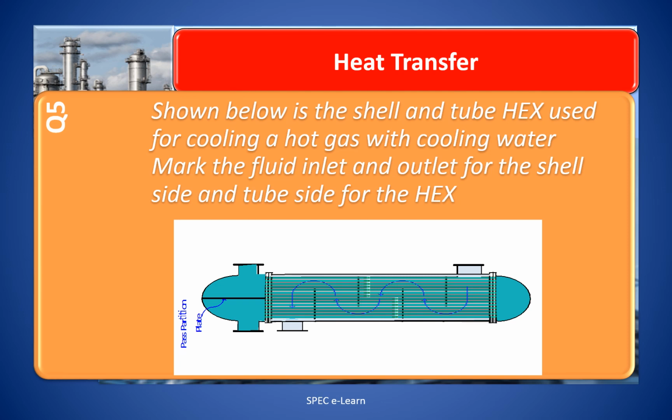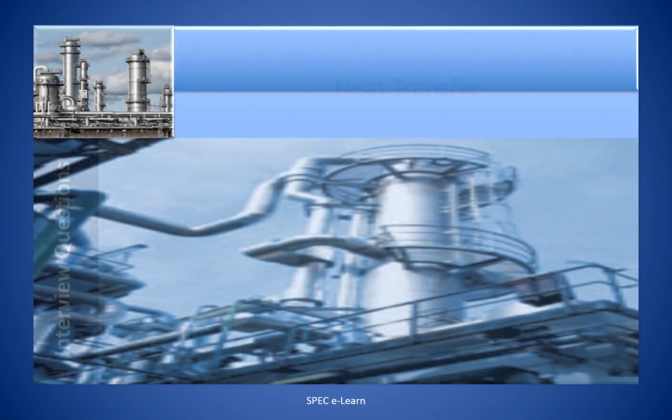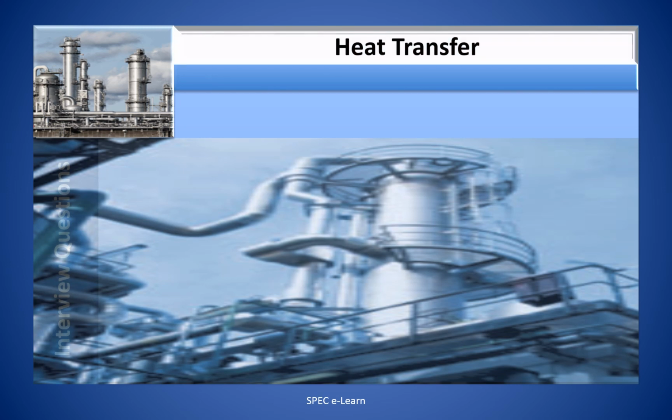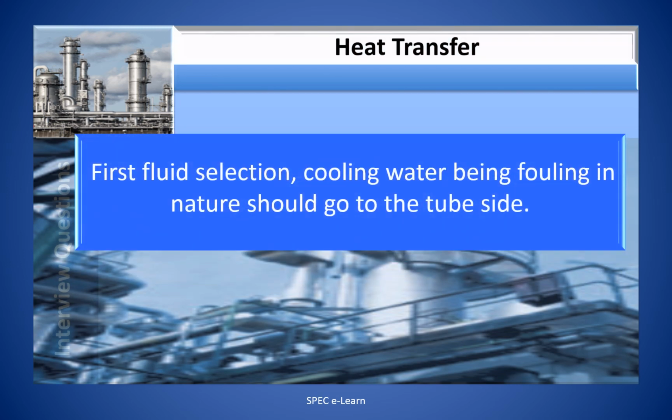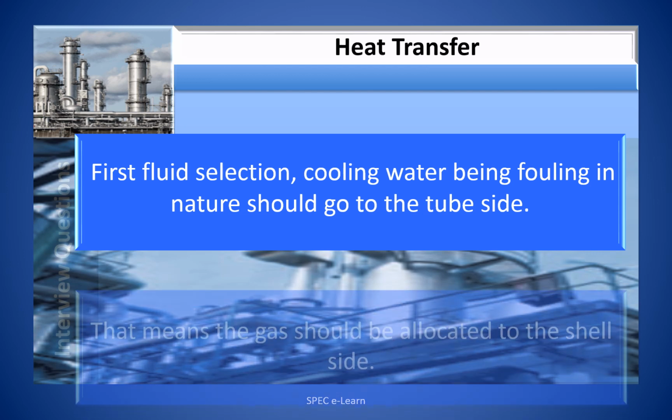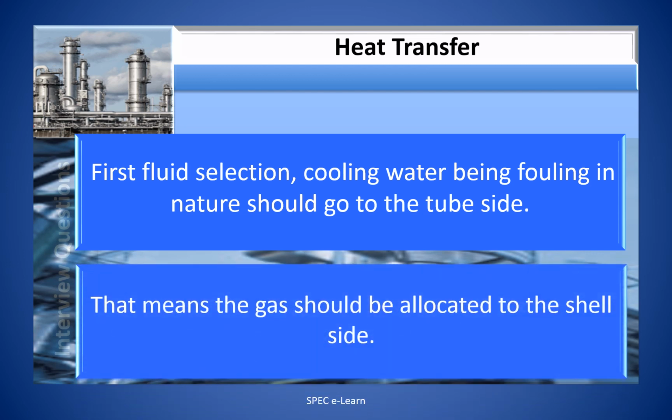Your time is up. The answer. First, the fluid selection. Cooling water being fouling in nature should go to the tube side. That means the gas should be allocated to the shell side.